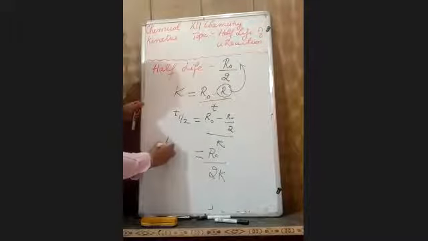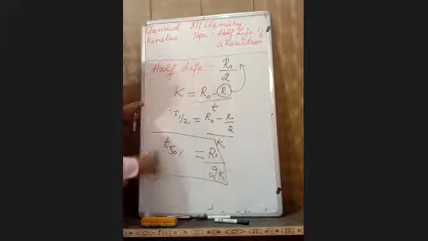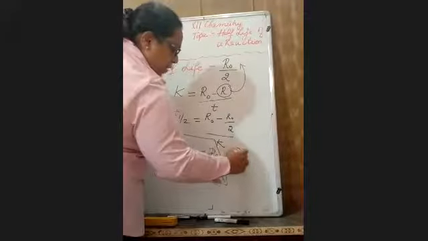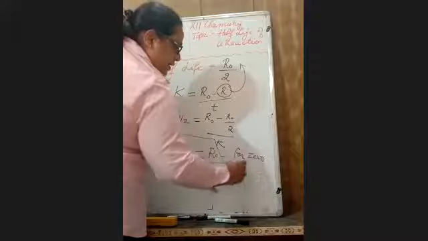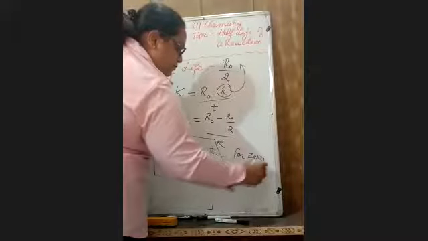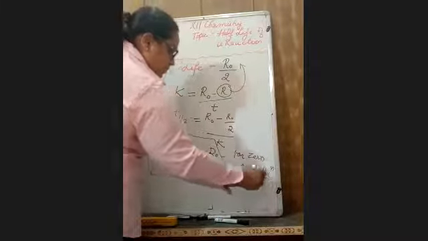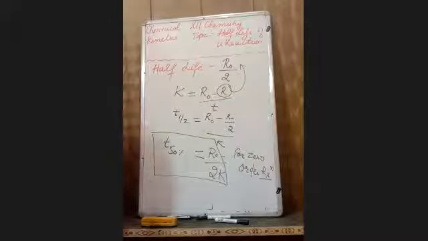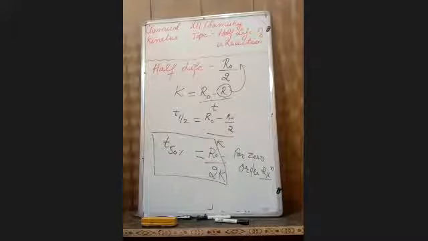It is the half-life for zero order reaction. It is T 50%. What do you mean by 50%? It means the concentration of the reactant is reduced to 1/2 of its initial concentration.